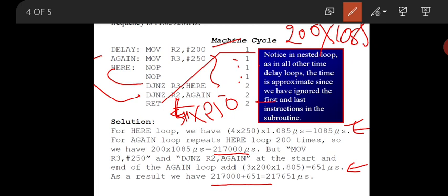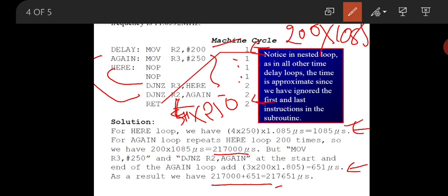The return takes 2 and the MOV takes 1, so 3 into 200 is the total. It will be coming with 217651 microsecond time interval, for the inner loop and the outer loop.